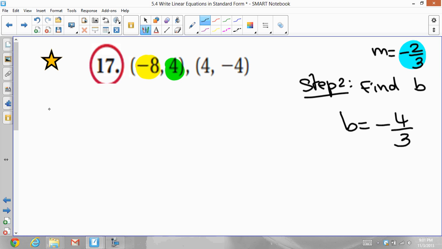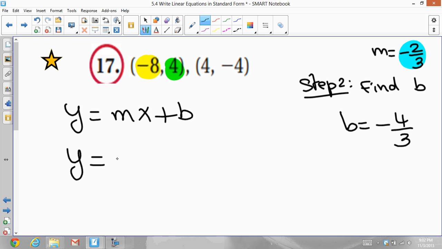So your slope is negative 2 over 3 and your y-intercept is negative 4 over 3, and y equals mx plus b. So y is equal to, replace m by negative 2 over 3 x, replace your b by negative 4 over 3. I'm going to highlight which ones I'm changing.